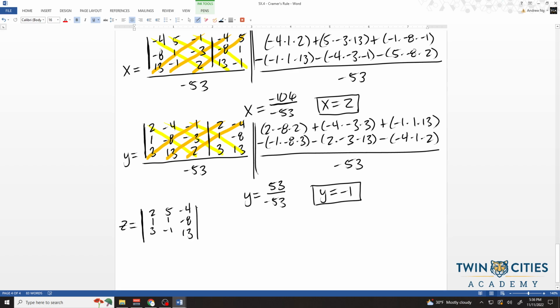And then just like before, let's find these determinants. The determinant here, so let's copy these first two columns. I'm going to copy 2, 1, 3, copy 5, 1, negative 1. Remember, this is still being divided by d, which is negative 53.